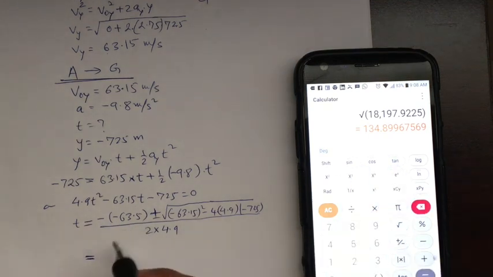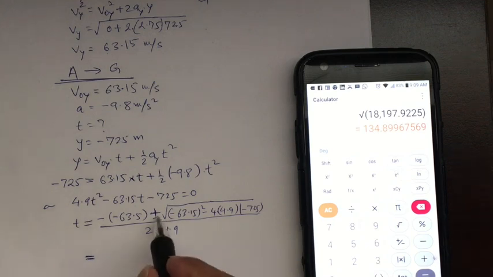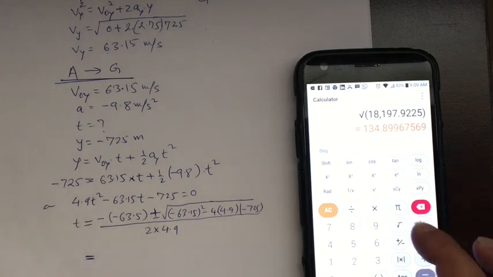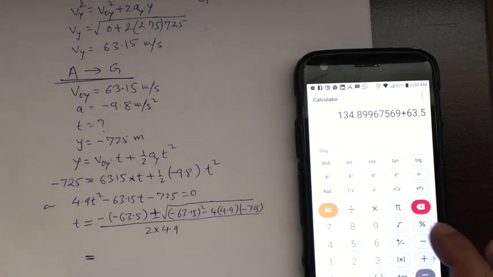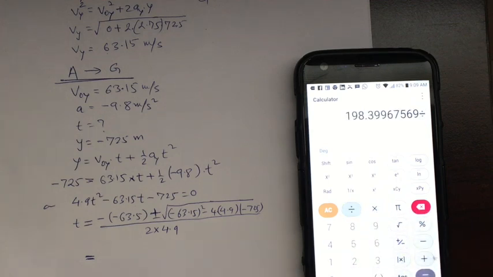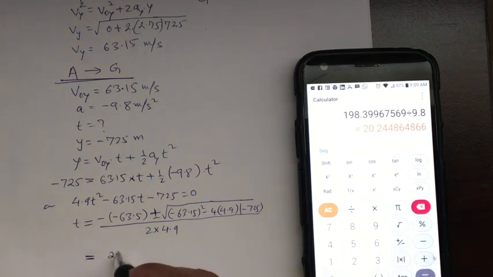So I take only the positive: plus 63.15 divided by 4.9 times 2, which is 9.8, and this gives you 20.24. So this is 20.2 seconds, right?